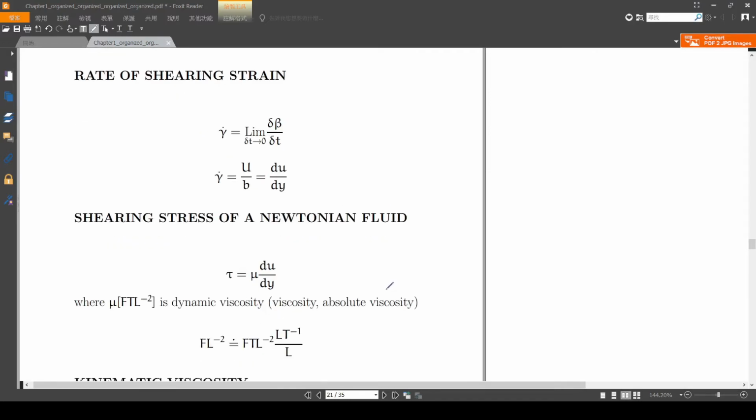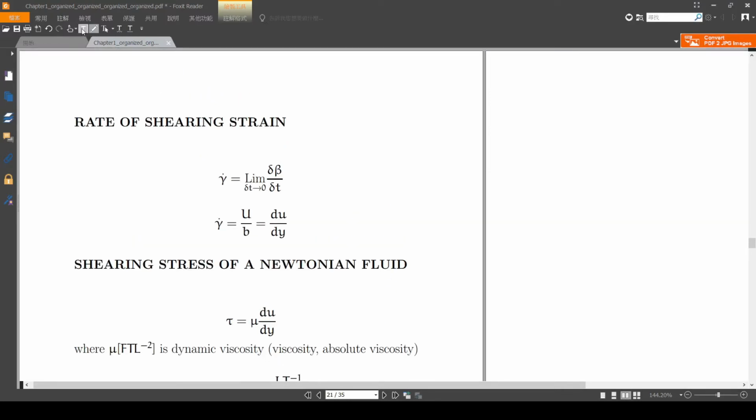Next, eventually we want to know the rate of the shearing strain. Because the force acting on the upper plate is a shearing force, the strain is the shearing strain. So we want the rate of the shearing strain, which is the rate of the angular deformation.